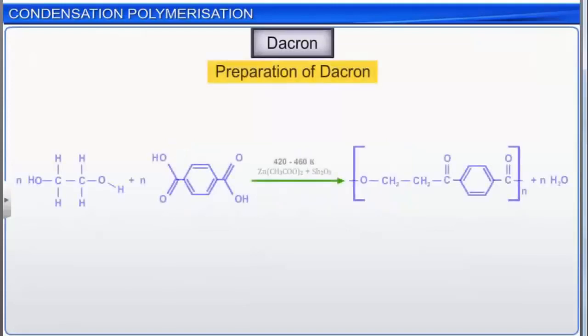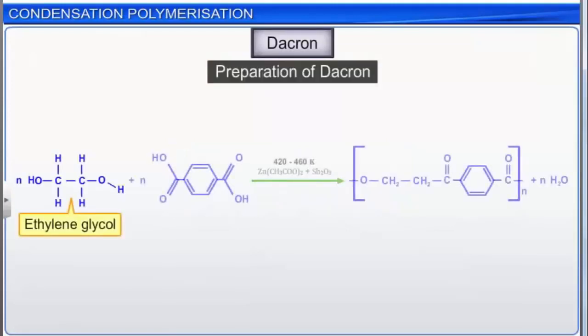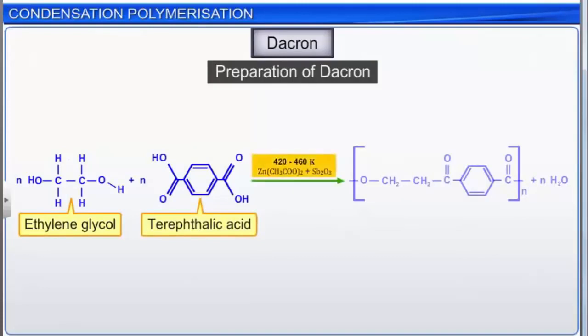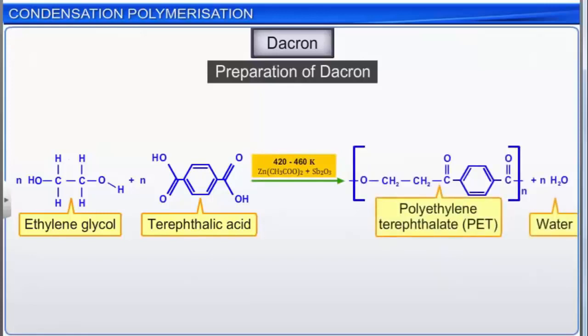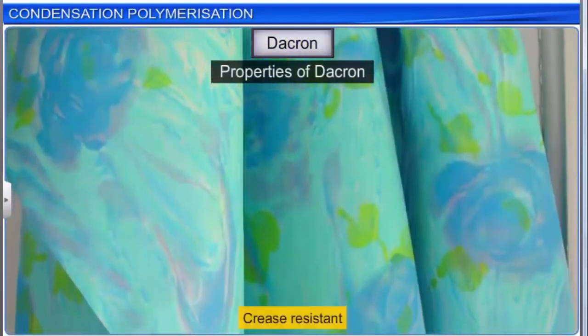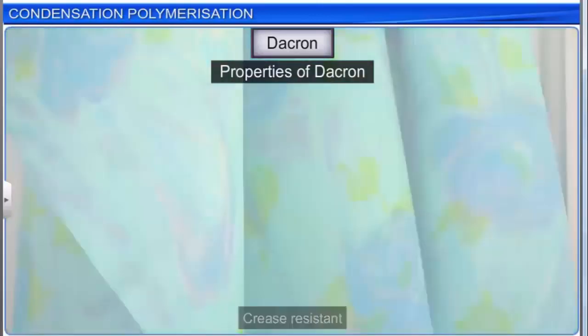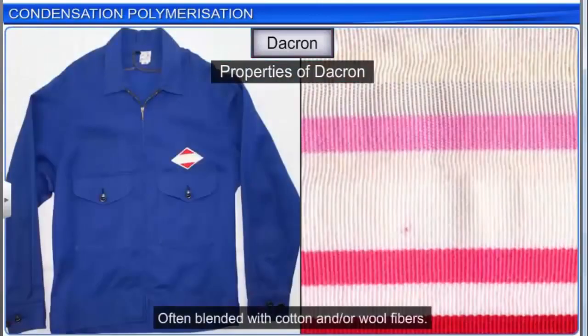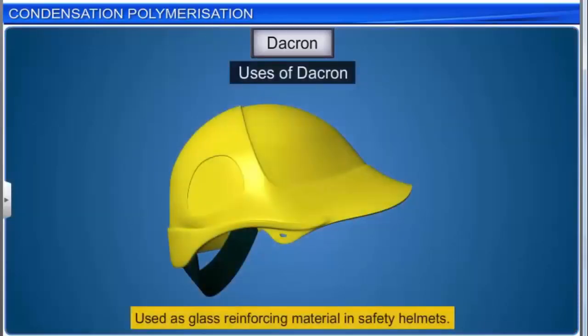To make Dacron, ethylene glycol and terephthalic acid are reacted at 420 to 460 Kelvin in the presence of a zinc acetate, antimony trioxide catalyst. The structure of the repeating unit is shown here. Dacron is crease resistant. Therefore, it is often blended with cotton and/or wool. It is also used as glass reinforcing material in safety helmets.